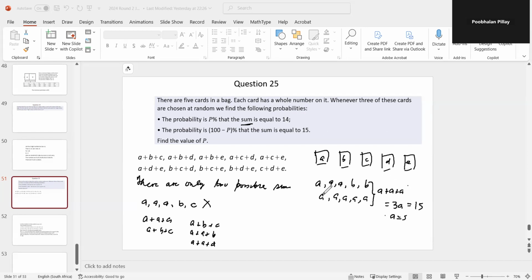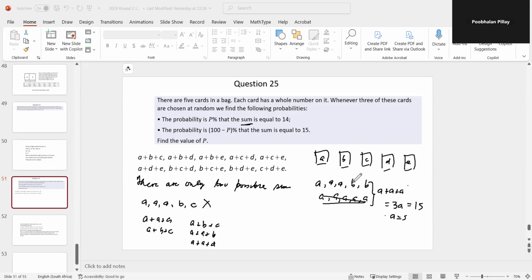In both cases, there's a possibility of three A's. But if A is 5, then all these are 5 here, and you can't have the sum 14 because the only sum you can have here is 15. So this possibility is out, because 14 doesn't appear.